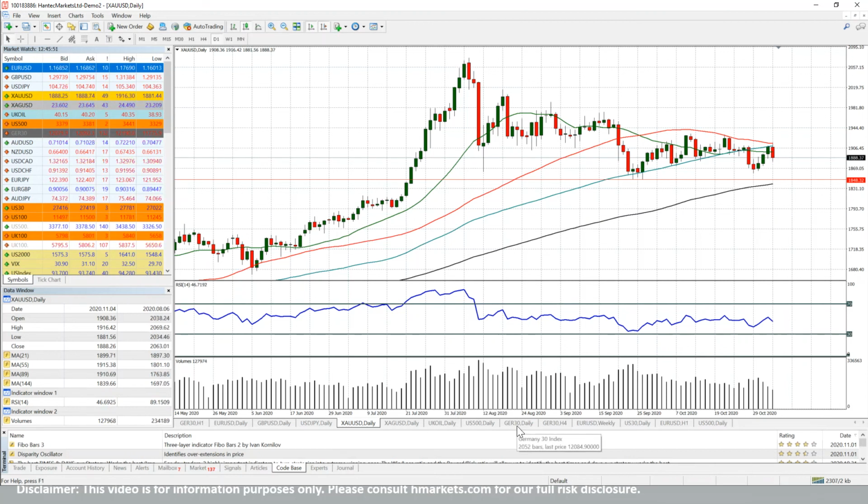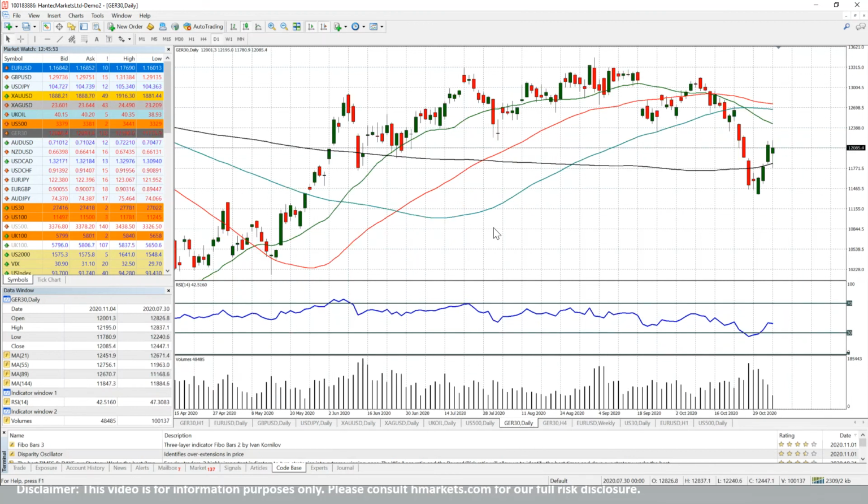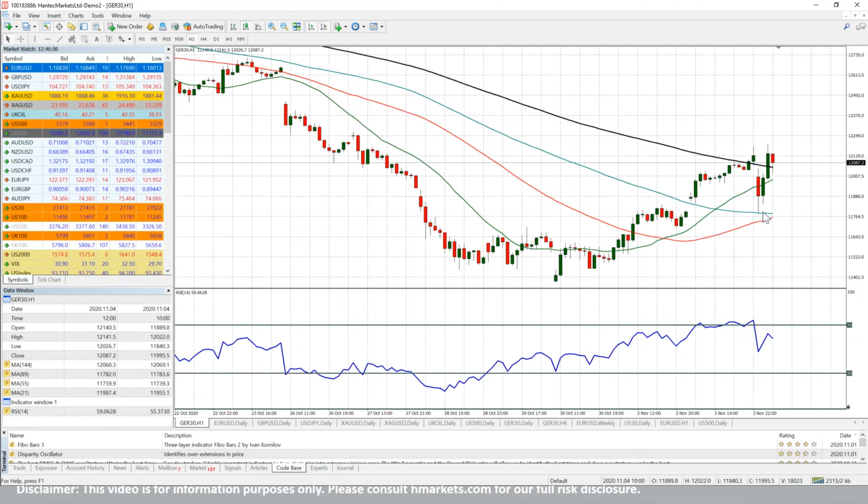Okay, so one final chart we are going to look at is the DAX. Volatility throughout equity markets, we've seen that playing out overnight. The hourly chart on the DAX shows a sharp move to the downside, a rebound upside, and then starting to drop back again to the downside. I think that is going to continue. Again, risk negative means that equity markets are going to be moving negatively in due course.